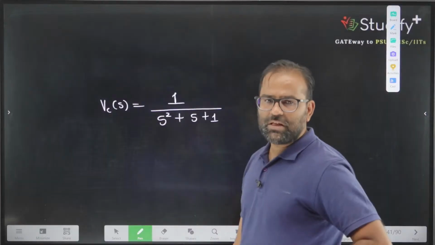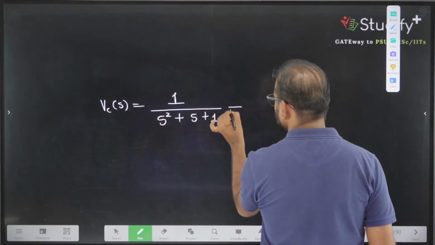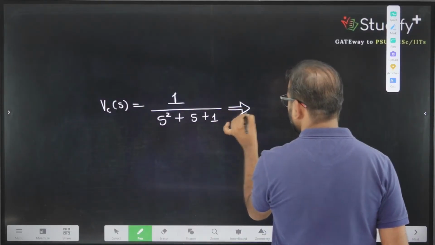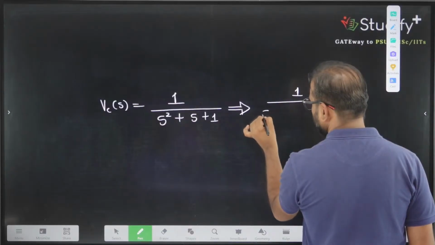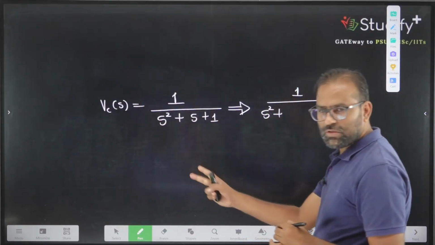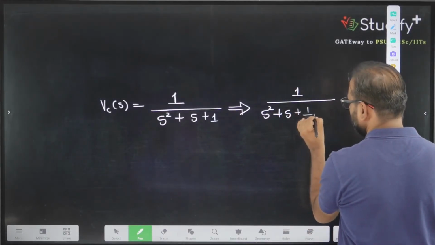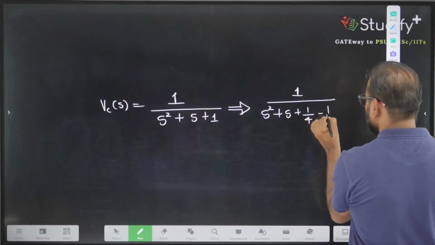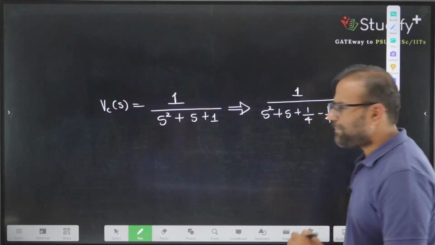Because we don't have the inverse Laplace for a general quadratic expression, let's make it a perfect square. Take half of the middle term, add and subtract its square, so this will be S plus 1/4 minus 1/4 plus 1, so that we can make it a perfect square.